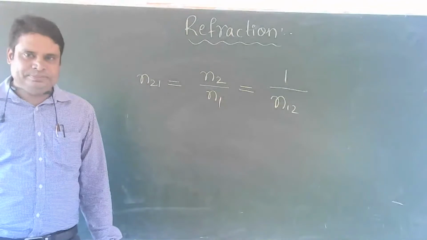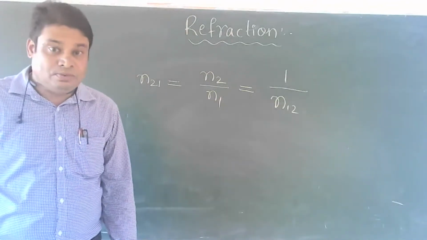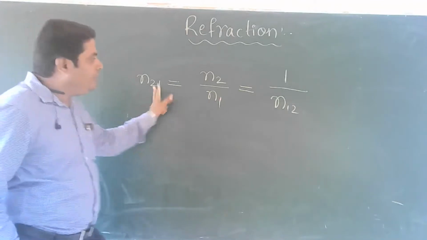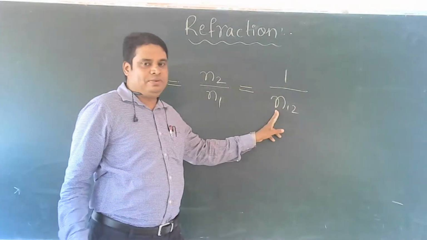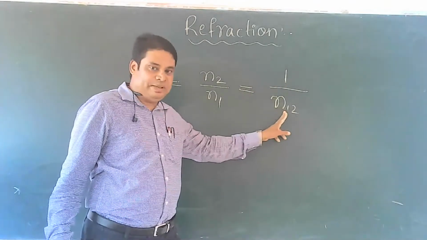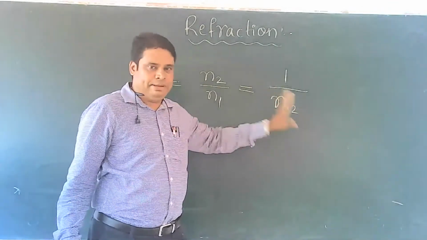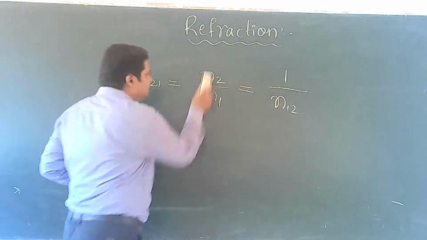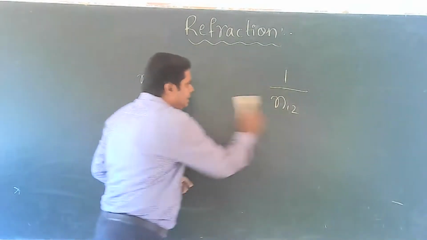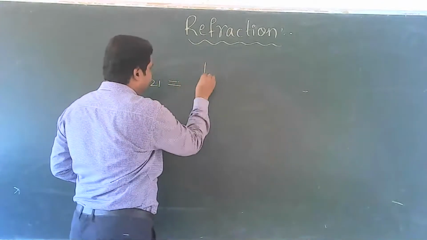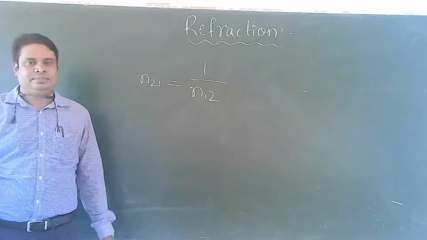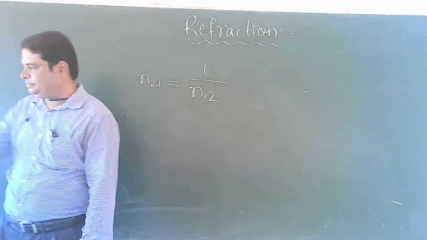Refractive index of second medium with respect to first medium is reciprocal of refractive index of first medium with respect to second medium. Just remember this. Then we have this equation.